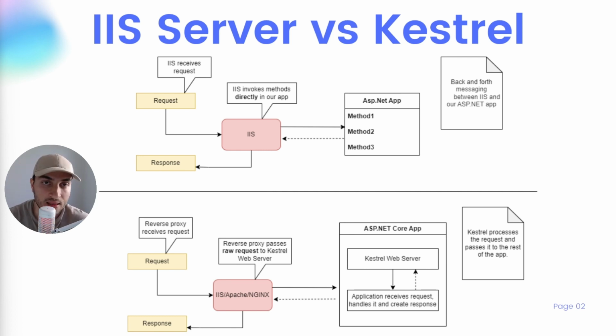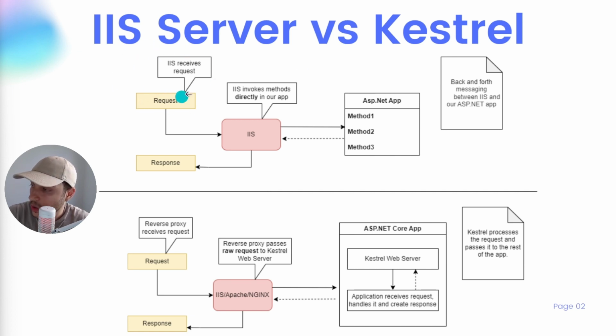As we can see in the first diagram, this is the architecture before. So we have this agent or this hosting model called IIS, which was sitting between the internet and our application.